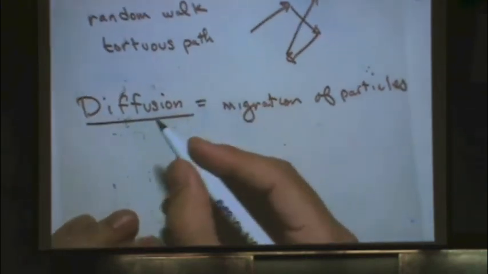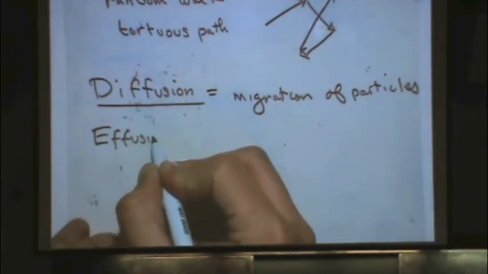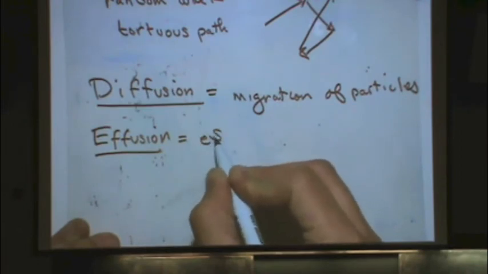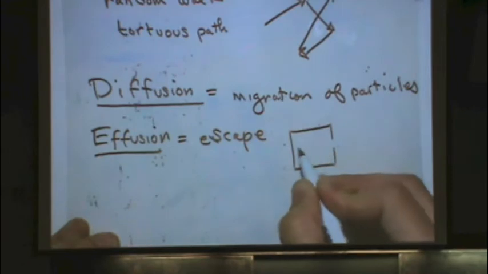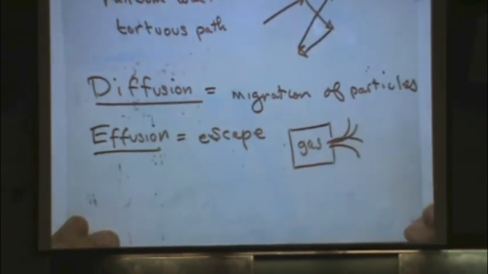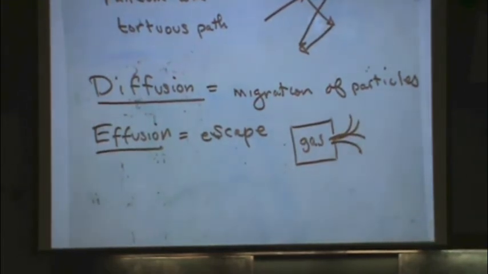There's another way that the gas molecules move, and that's effusion. This is an escape out of an orifice. So if we have a box and our gas is here and it's escaping out of a single point versus going any particular direction but coming out of a singular point, that's called effusion.